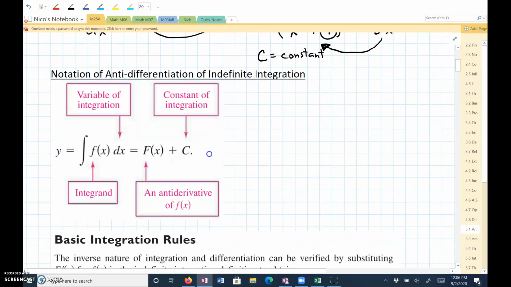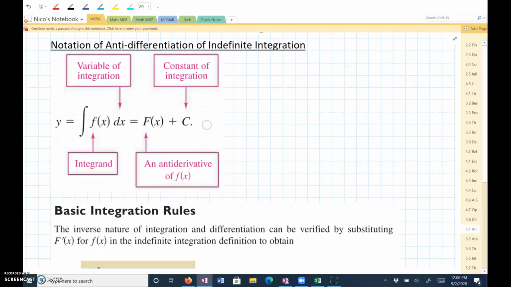All right, so let's get familiar with some notation here. Notation of antiderivative or indefinite integration. This is the notation that we're going to get used to looking at when we're trying to find the antiderivative or the integral or indefinite integration.